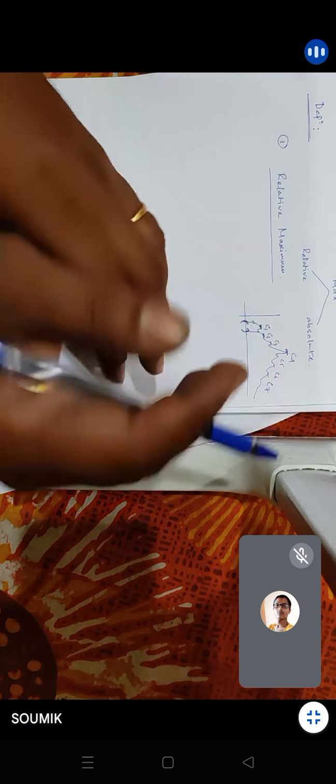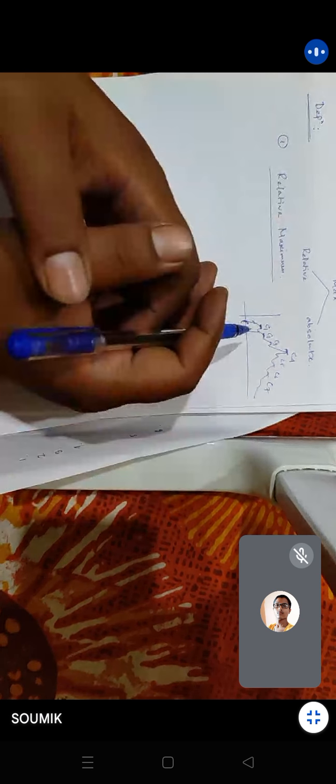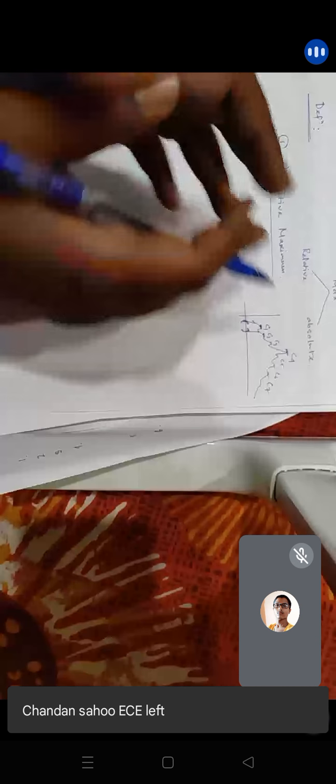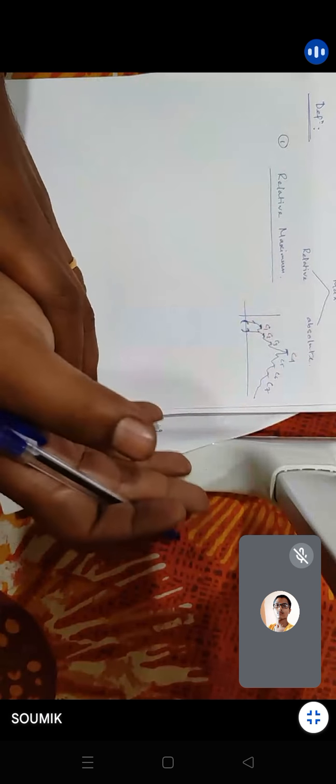So in the word maximum, there are two types of maximum: one is relative maximum, and the other one is absolute maximum.